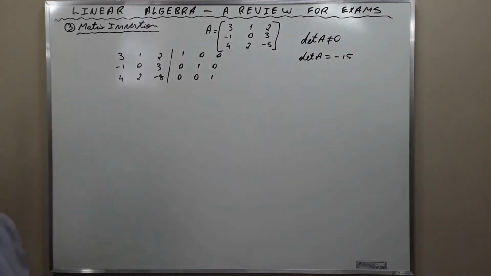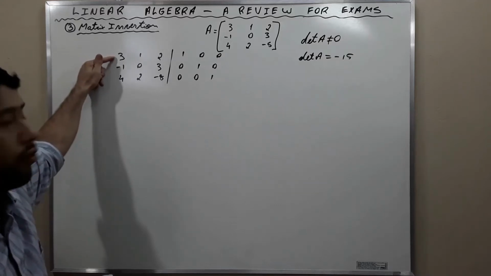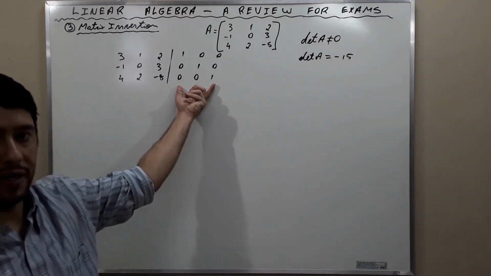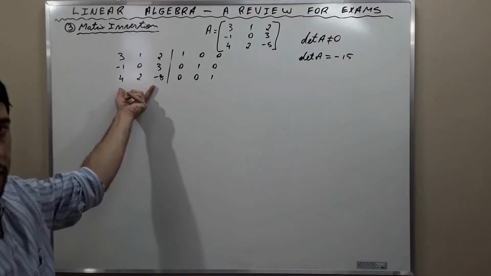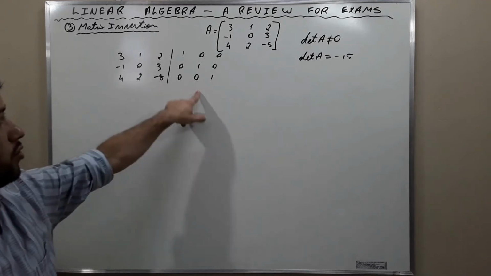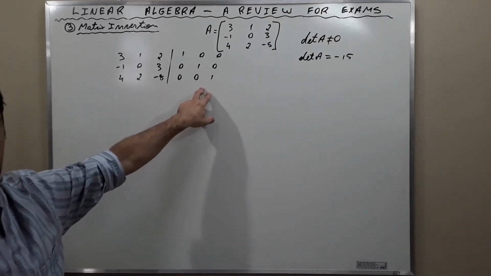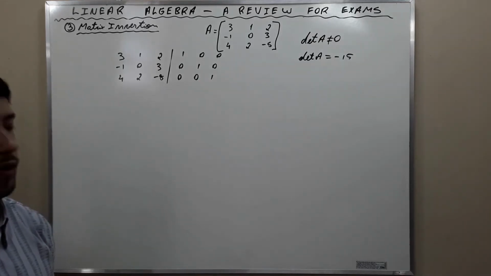We are going to operate on the rows of the original matrix until we find the identity matrix here at the left side. What's going to pop up at the right side will be the inverse of the matrix.